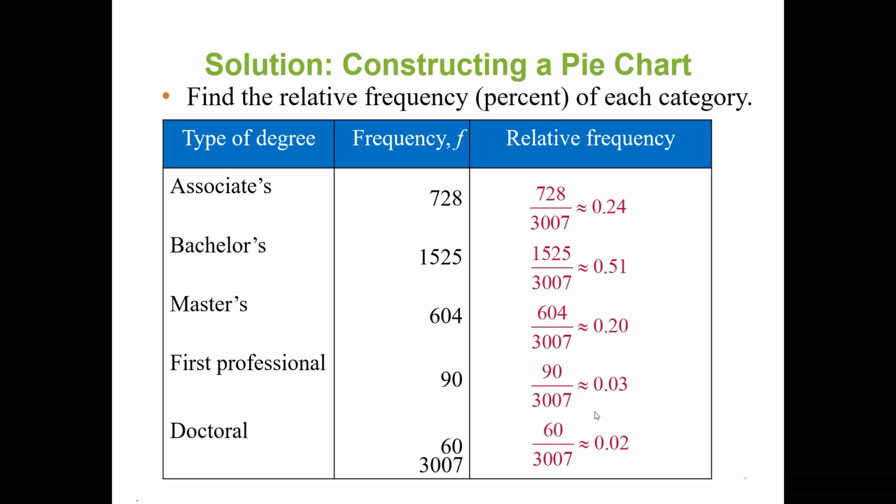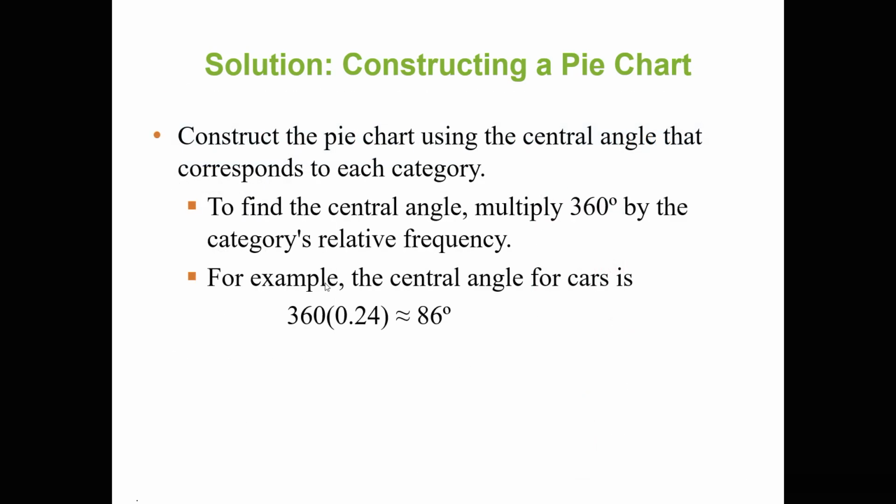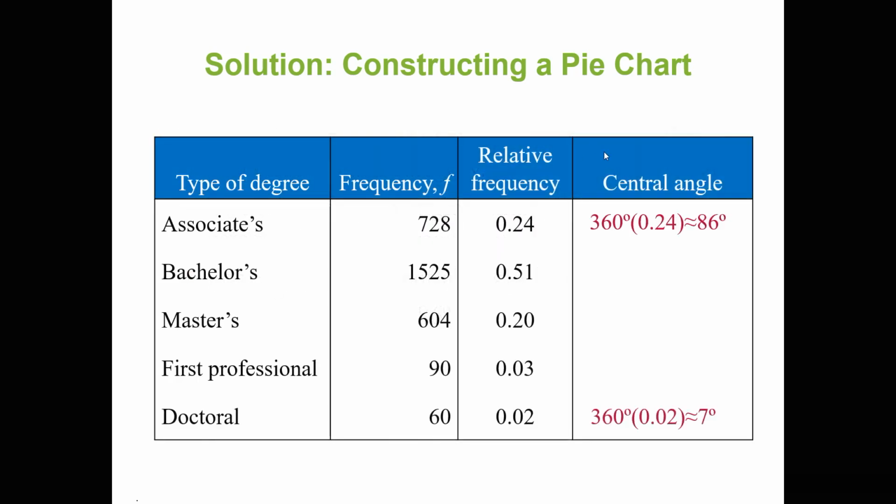However, you can move on to another level where you compute what we are going to call the central angle. And in order to compute the central angle, you know that a circle has 360 degrees. So simply what you do is you multiply the relative frequency by 360, and it's going to express it in angles.